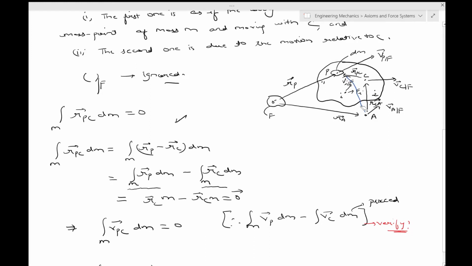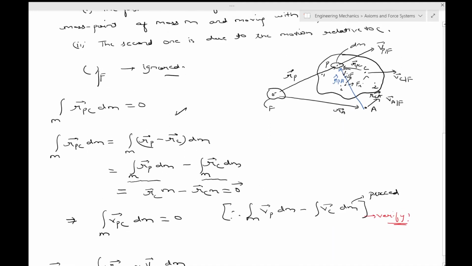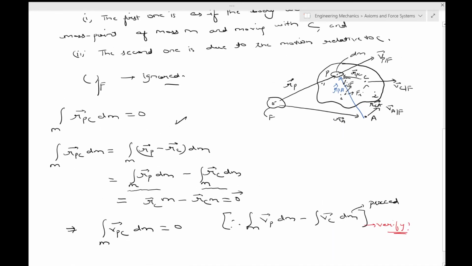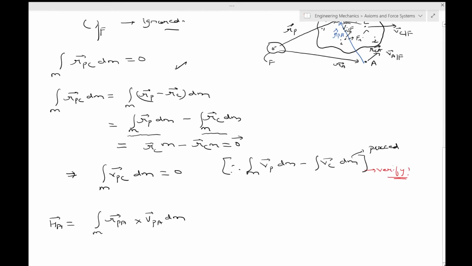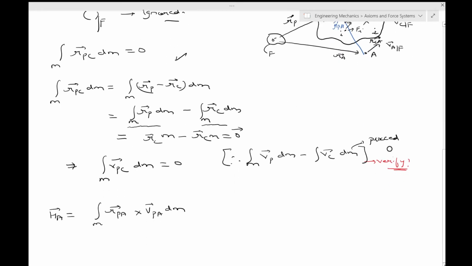R_PA cross V_PA integral. Basically the momentum of this small part dm is equal to V_PA dm, obviously about point A, and that's how we are able to write this.